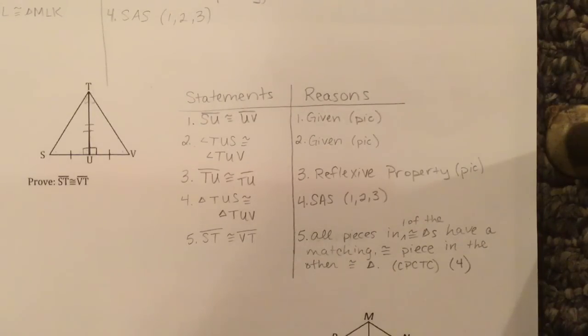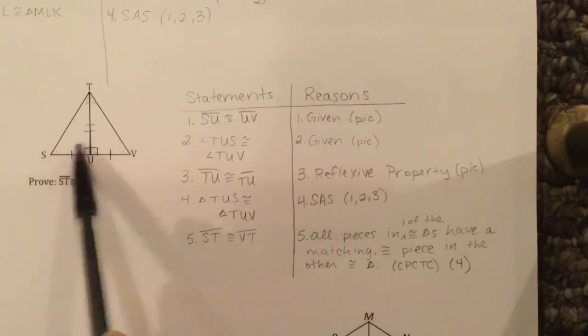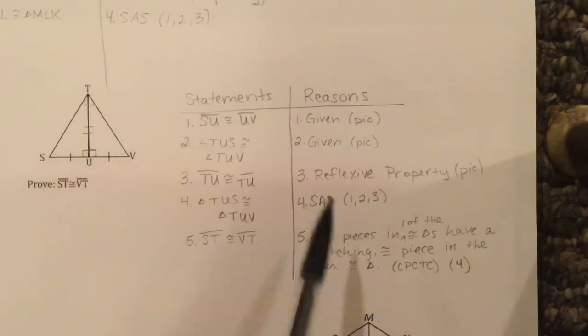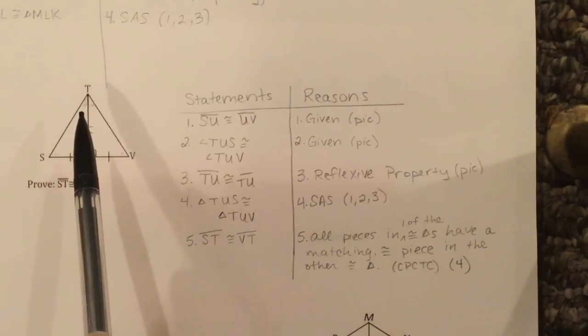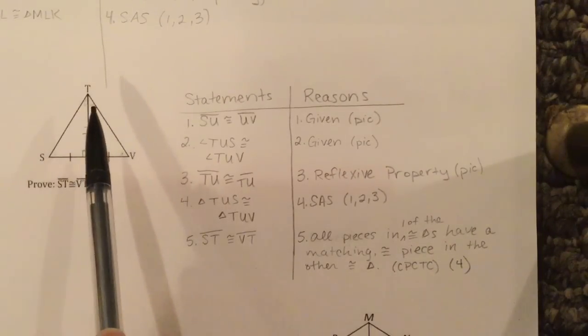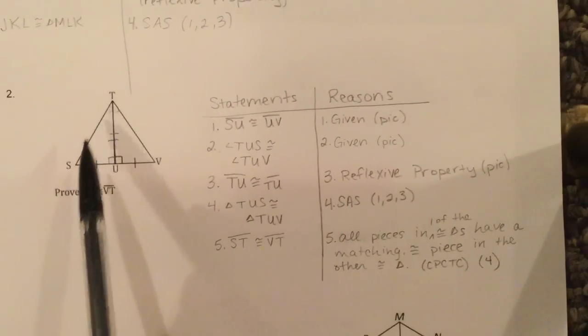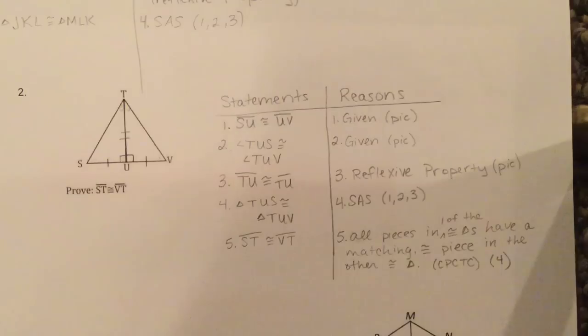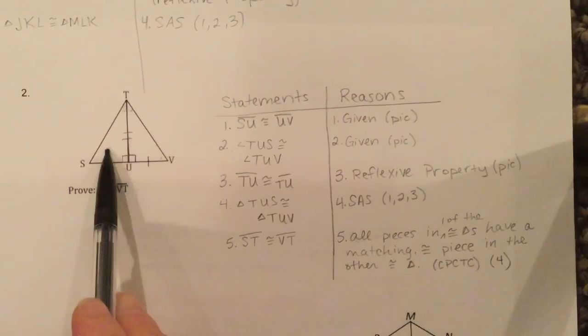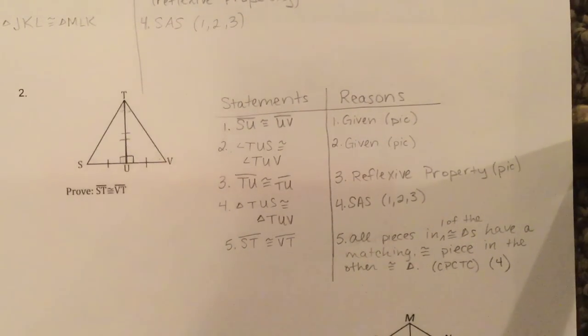We already said these two triangles are congruent to each other. In congruent triangles, corresponding parts are congruent. So those two corresponding angles are congruent to each other. These two segments, ST and TV, that are corresponding in the two congruent triangles, are congruent to each other.